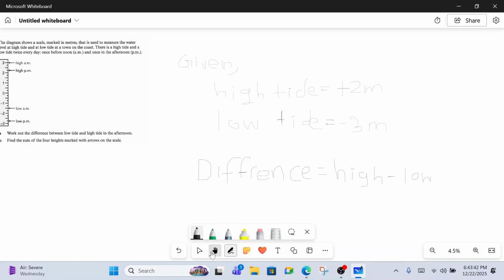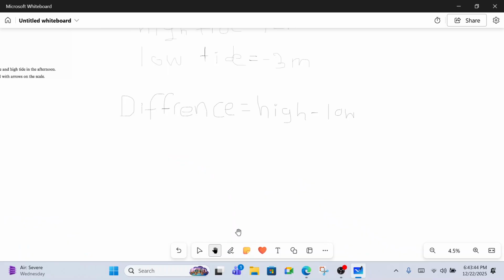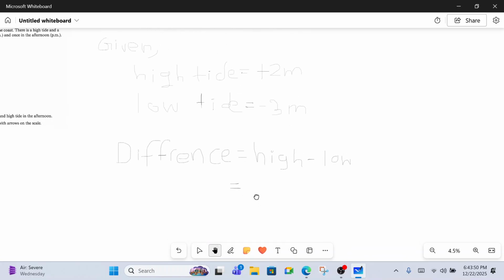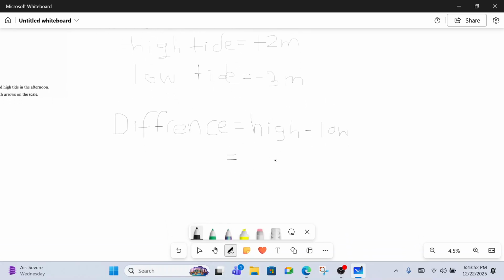So look at this equals right here. Let me just scroll up. It's gonna be 2 minus, again we got a minus 3, and in my previous lectures I explained how minus becomes positive.